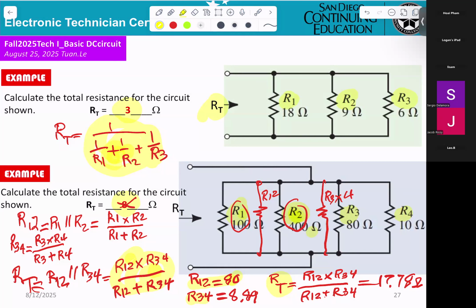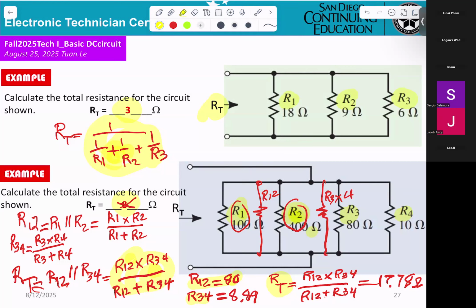RT, let's see, 80 times 8.89, I get that, divided by 16.89.